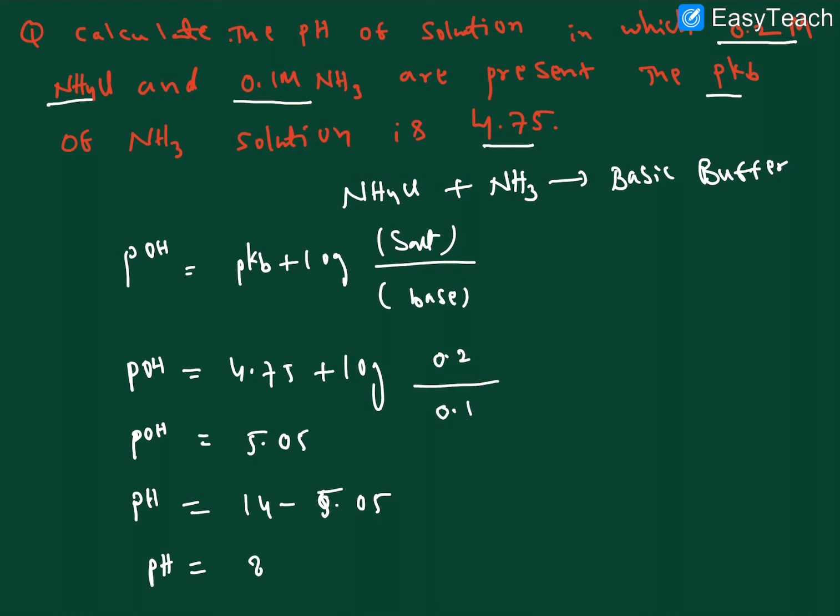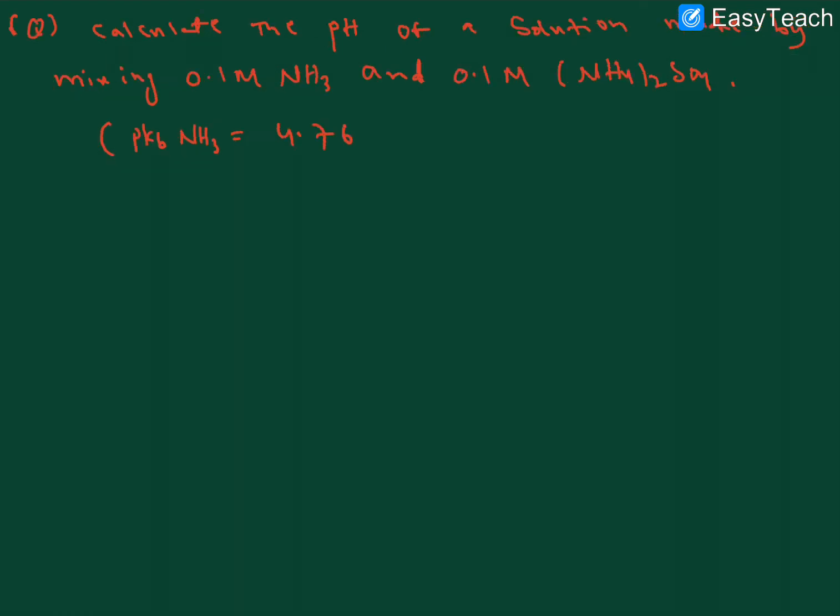So this is the pOH, but we want the pH. pH is equal to 14 minus 5.05, so pH is equal to 8.95. So this is the pH calculation.